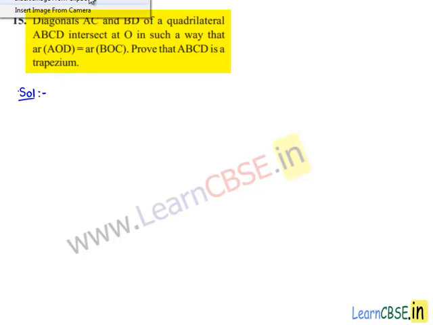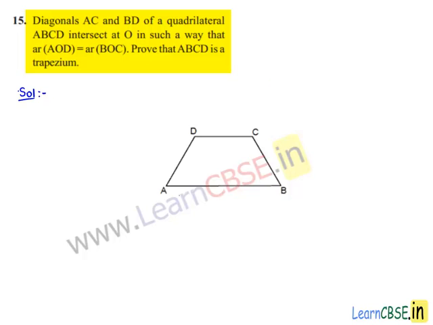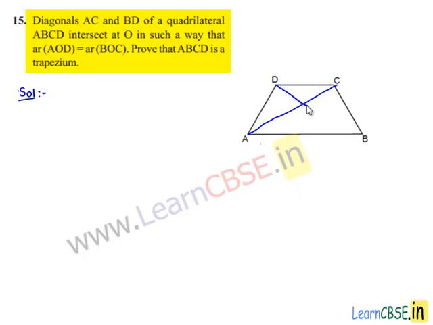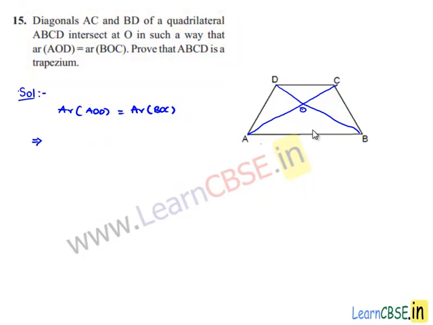Let us consider a quadrilateral ABCD. Here in this quadrilateral, let diagonals BD and AC intersect at the common point O. Here it is given that area of triangle AOD is equal to area of triangle BOC. That implies, let us add area of triangle AOB on both sides.